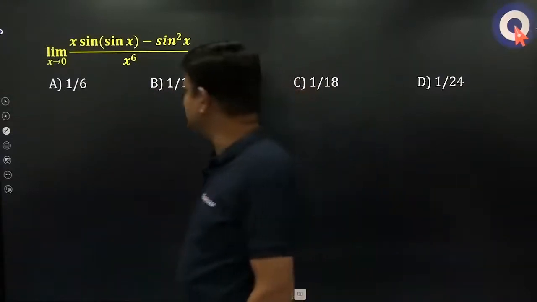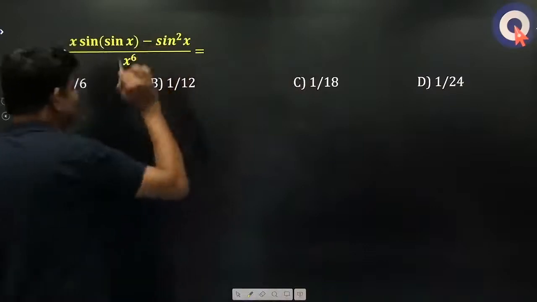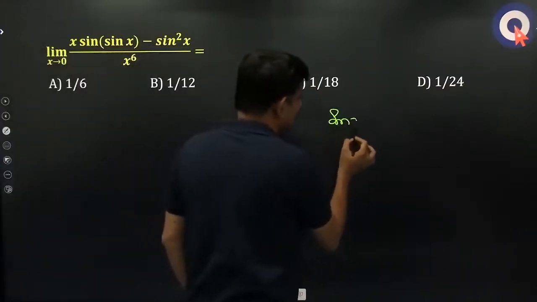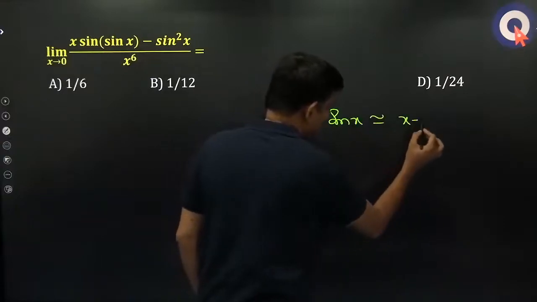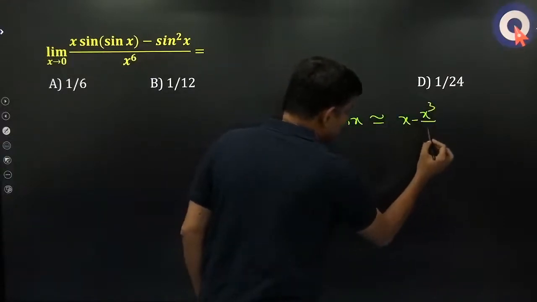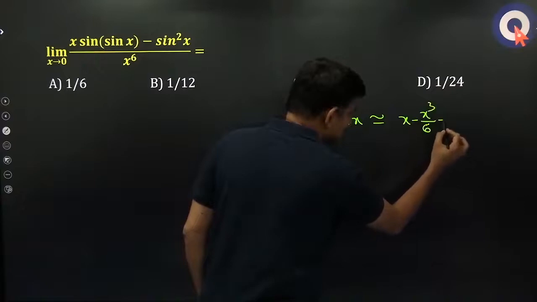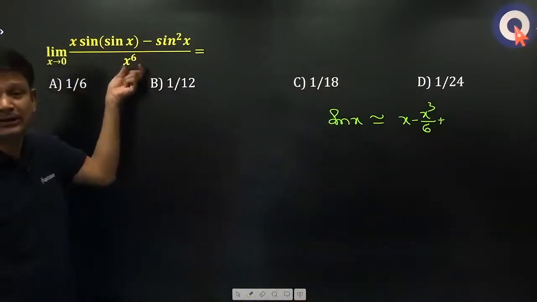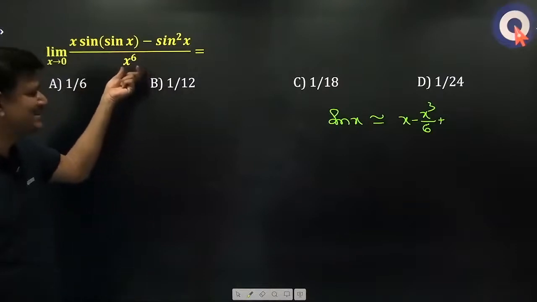Power series expansion: sin x, I can replace it by, what is the expansion of sin x? Sin x is x minus x cube by 3 factorial, which is 6. Shall I stop here? No, because we are doing it up to x power 6. The denominator has x power 6.